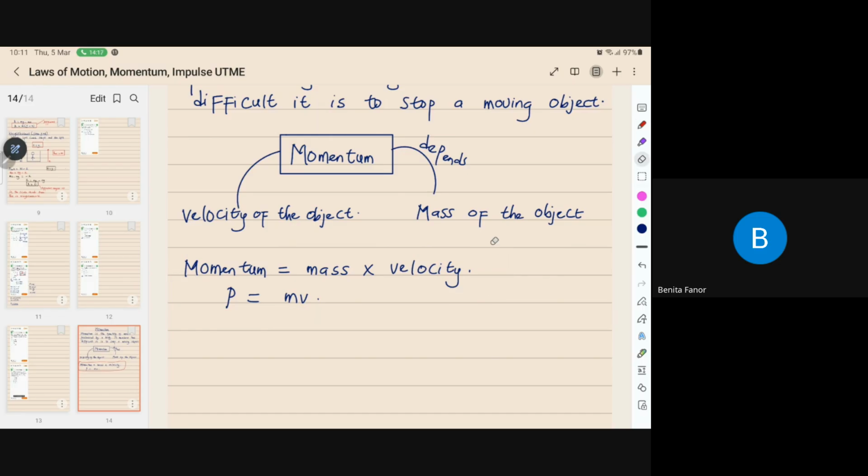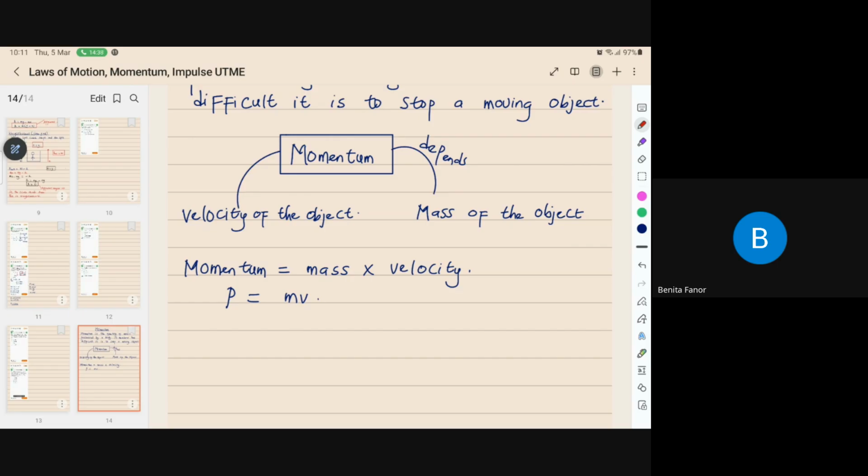Now, a heavy object moving slowly may have the same momentum as a light object that is moving very fast. So it's a function of both the mass and the velocity. I might be moving very slowly, but if my mass is quite heavy, it's going to cover up for me. I'm going to have a very good momentum.